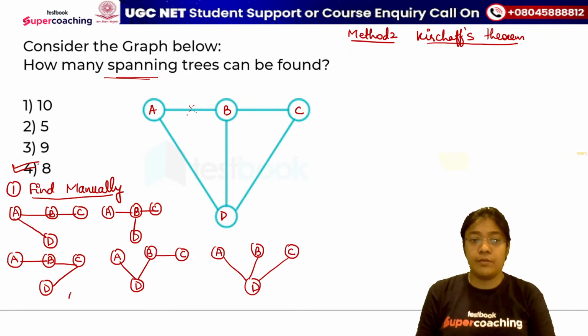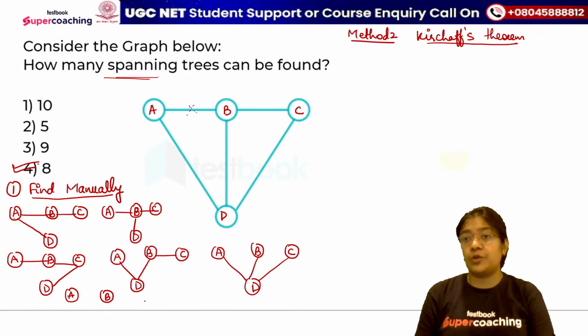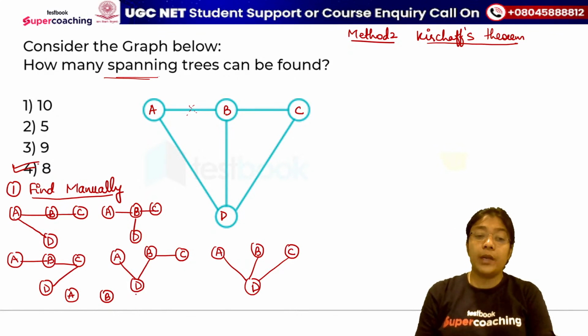मैं यही space use कर रही हूँ so that we get enough space for Kirchhoff's theorem. Kirchhoff's theorem effective है provided आपको cofactor find करना होता है matrix का, because in the Kirchhoff's theorem we will be finding the cofactor for the matrix.